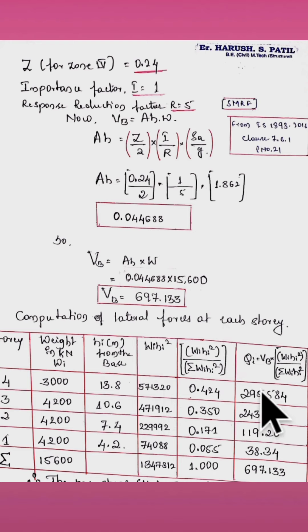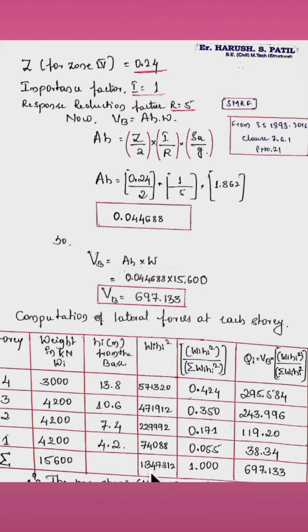Now, again, computation of lateral forces at each story. This is the base shear; you need to find the story shears at each story. How to find those story shears? First you need to have this particular table, with the story weight in kilonewton, the height from the base, and Wi hi square, that is weight into the square of the height, and Wi hi square divided by the summation of Wi hi square.